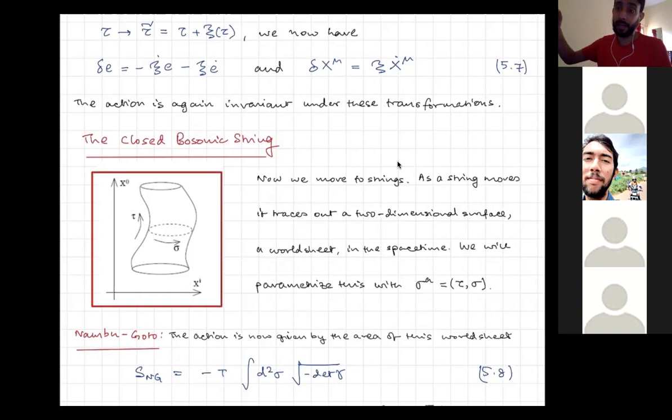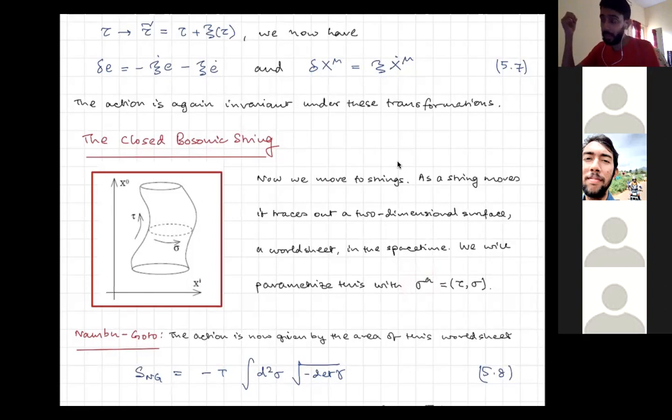A world line you parameterize with a single coordinate tau. Now we are going to parameterize this world sheet with two coordinates. We're going to call them sigma and tau. In short, we'll call it sigma A.